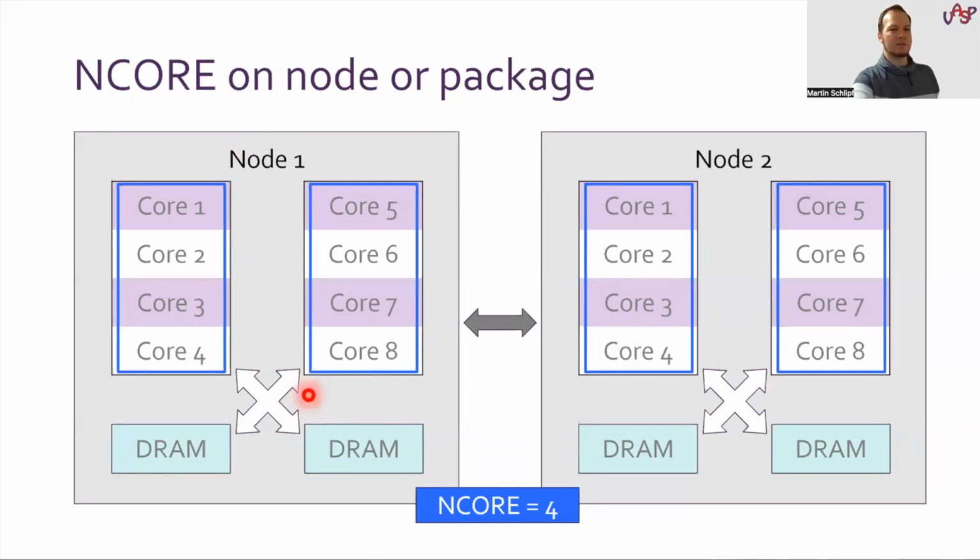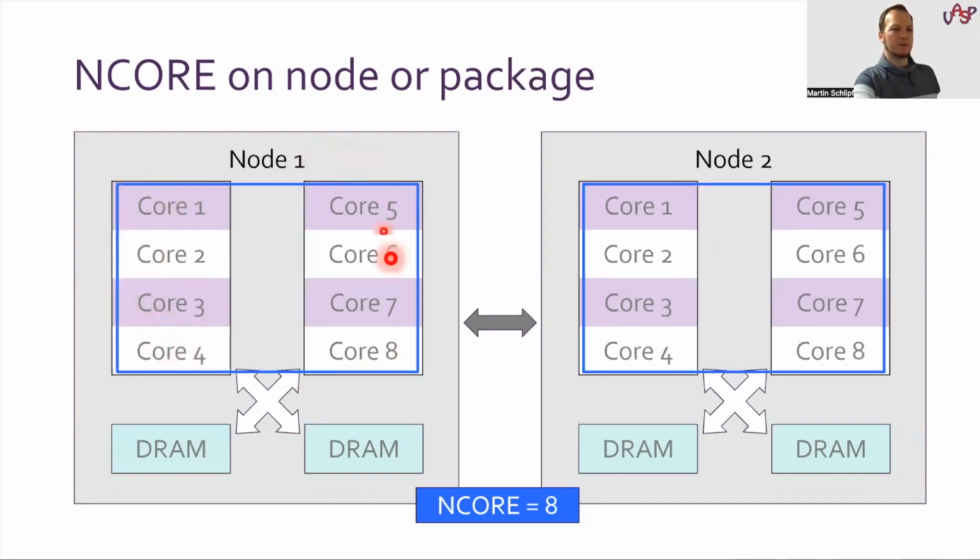Other setups that might work are 4, which would nicely fill one package, and then 8 would fill the whole node. This might still give you nice performance, but probably not as efficient as using 4. But of course, if you have a very expensive calculation, it might still be the way to go.